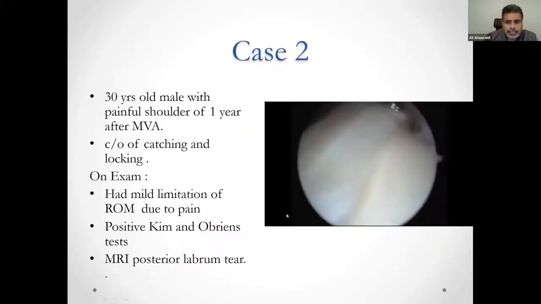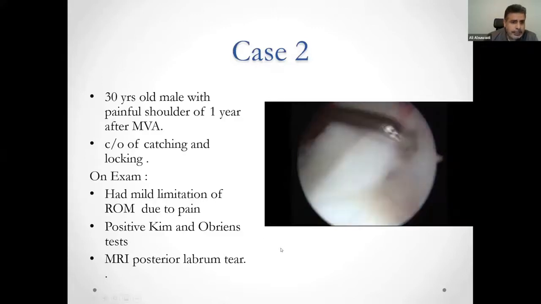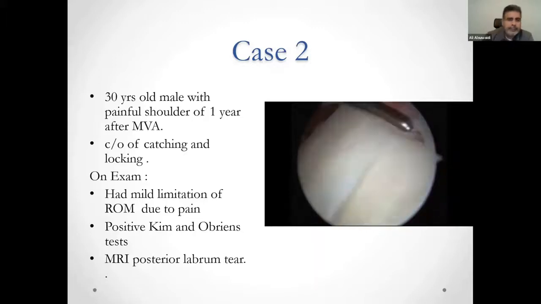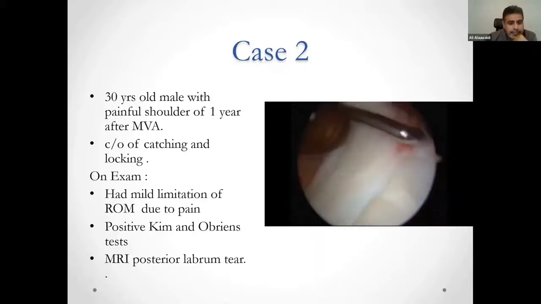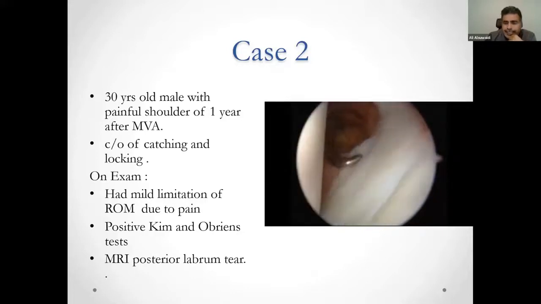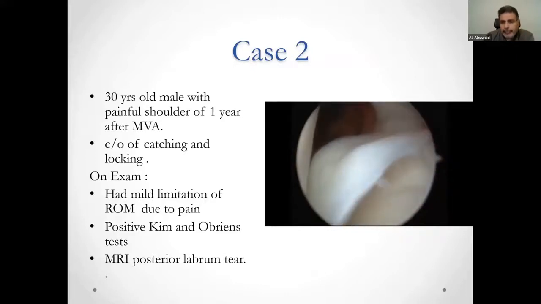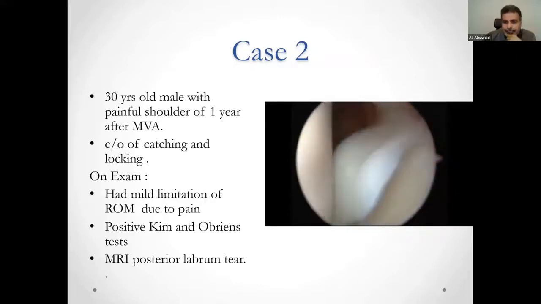Another case is an interesting guy who came in with catching and locking, and he's 30 years old. He had a painful limitation of range of motion, positive signs, but interestingly he had something like a bucket handle tear of the posterior labrum, and you can see that.